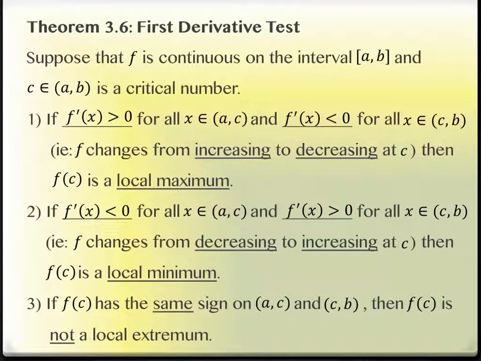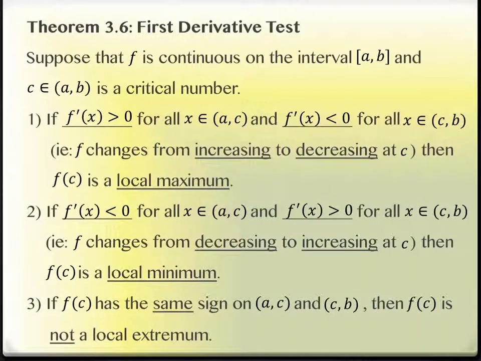So we've got an interval a, b. And a critical number, if you'll remember from our last material before break, is a place where the derivative is equal to 0 or doesn't exist. Maybe it's got a sharp turn, or it's equal to 0, it's got a peak or a valley. So those places are critical numbers.